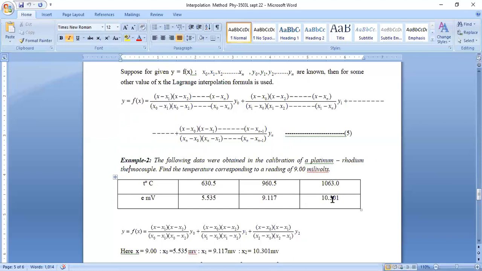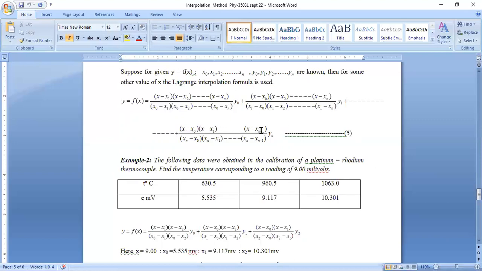Your N is equal to 2, so you have to go up to Y0, Y1 and Y2. For Y2, the term will be X minus X0, X minus X1.